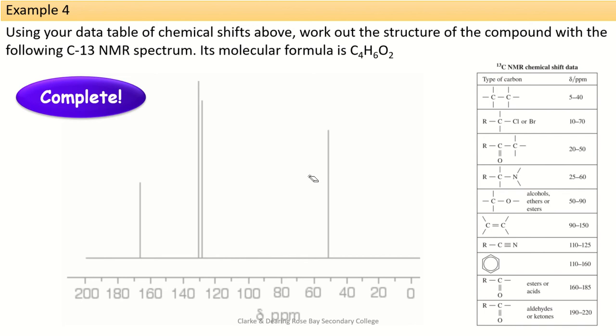Okay, so let's go through this component here. So we can see in this particular environment, the peaks are relatively high, which would suggest that there was a bit of deshielding that we have here. We have 2 peaks, which represent there are 2 carbons in this particular environment.